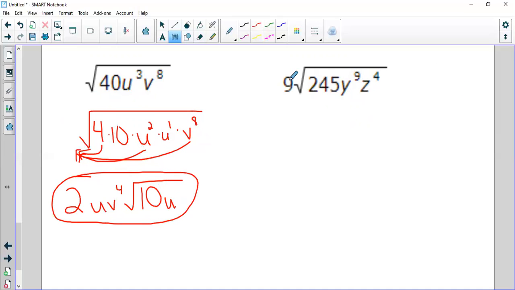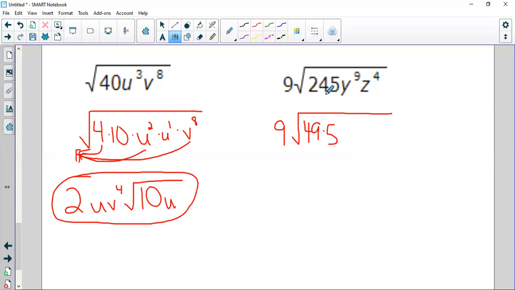And last but not least, 9 is my coefficient on the outside. Keep it out there where it is. Square root of, let's see, 245. I think we dealt with 245 yesterday, if I'm not mistaken. 245 has a perfect square factor that many people don't know about. That perfect square factor is 49. It's 49 times 5.